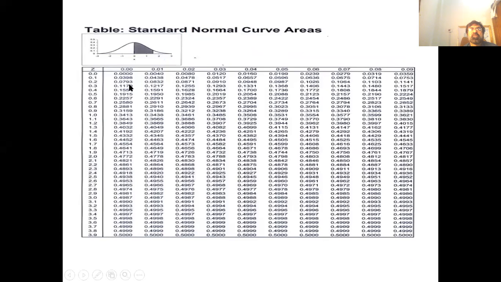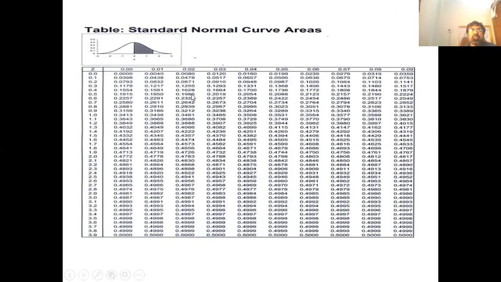Now let's see first the area. I don't think 0.2000 is anywhere in the table. We have 0.1915, 0.2019 and 0.1985. 0.1985 is the nearest area.